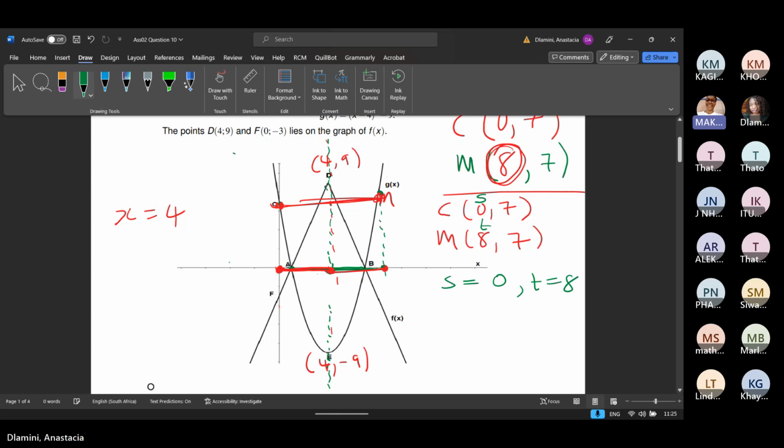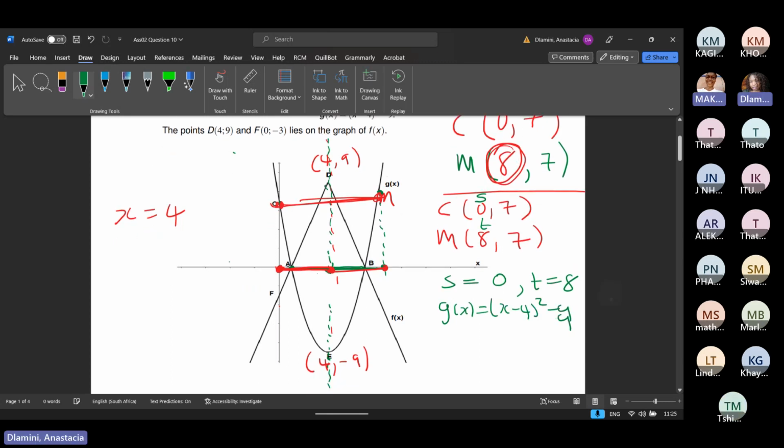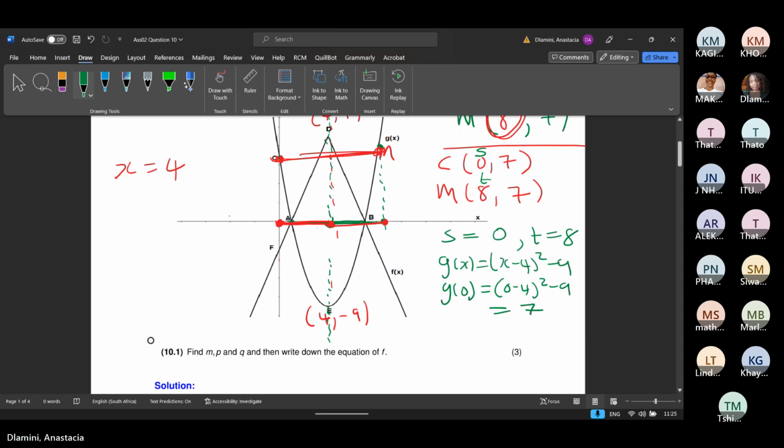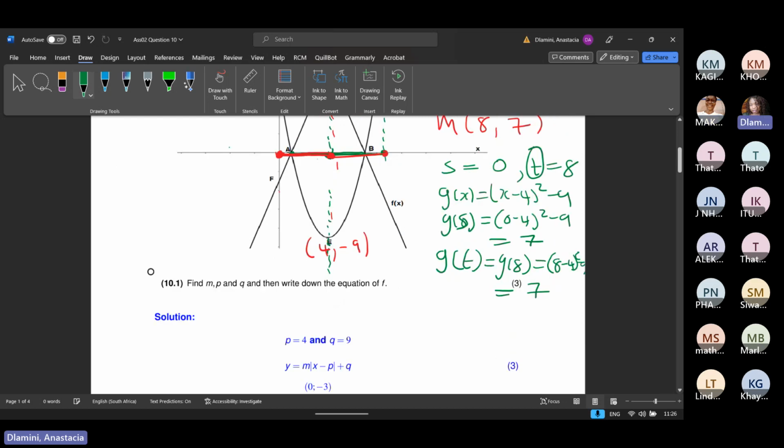We substitute back into (x minus 4) squared minus 9. g of 0 is 0 minus 4 squared minus 9, which is 7. And g of 8, if we substitute here, we also get 7, meaning that g of s is equal to g of t.